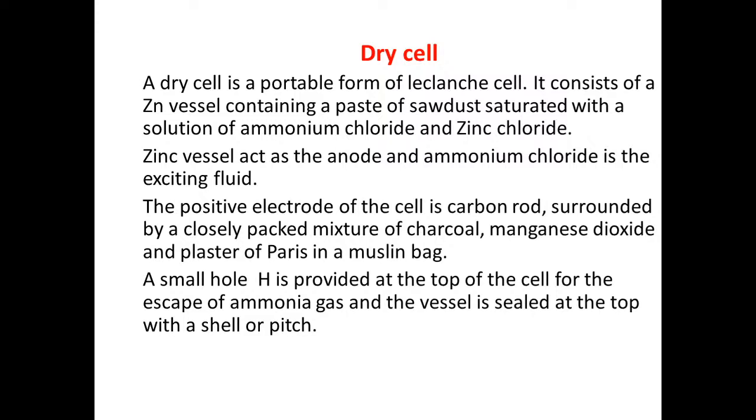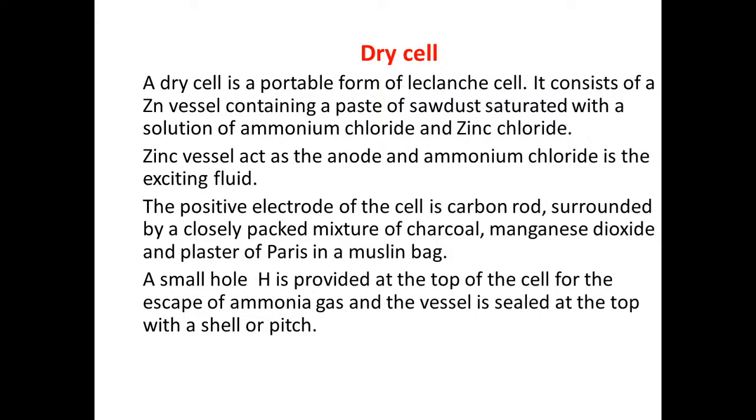Zinc vessel acts as the anode and ammonium chloride is the exciting fluid. The positive electrode of the cell is carbon rod surrounded by a closely packed mixture of charcoal, manganese dioxide and plaster of Paris in a muslin bag.